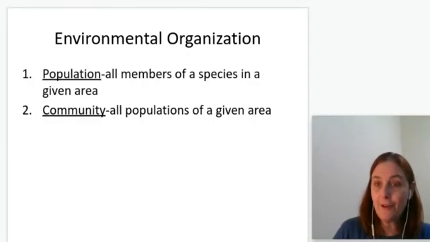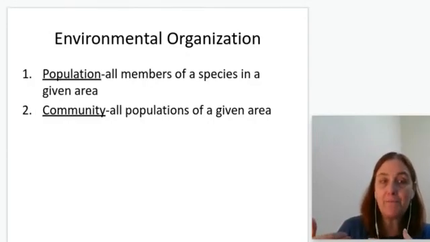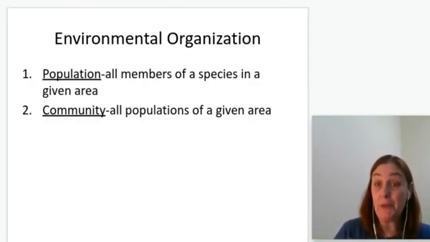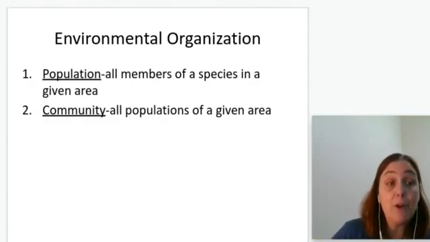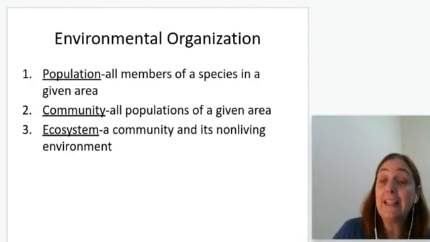We're going to want to know if there's enough space or if people have built houses, right? And so we're also going to be interested in the non-living portion of the environment of the deer. So the abiotic factors. So we're going to look at biotic and abiotic factors together. When you have both of those, you're looking at an ecosystem.